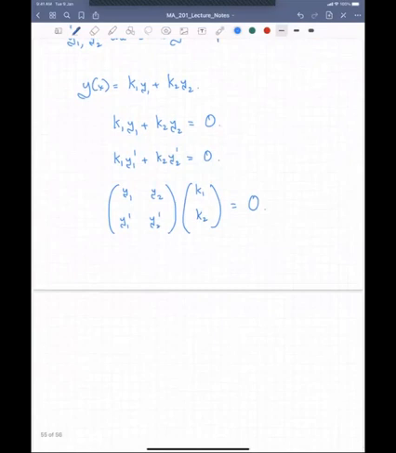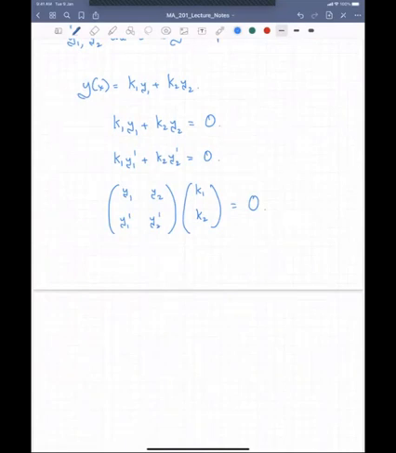So can anyone remember their linear algebra and tell me what the answer is? If I don't want k1 equals 0 and k2 equals 0, if I want k1 to be non-zero and k2 to be non-zero, what does this mean? This means that I'm asking what is the condition for linear dependence.